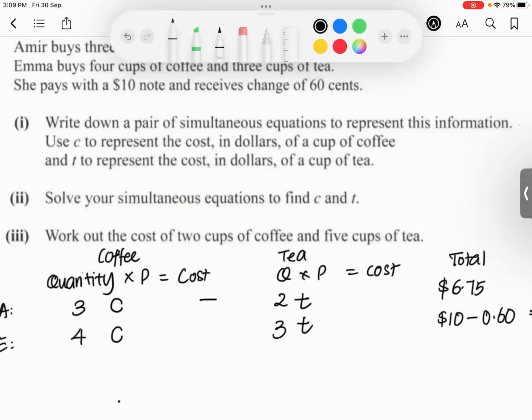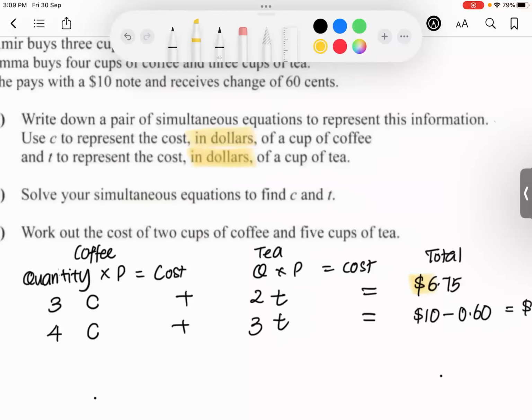So they want the total, this plus this equals to. Read the question here. C in dollars, T in dollars. Check. Is this in dollar? Is this in dollar? Yes.